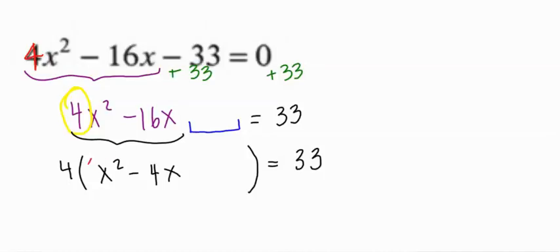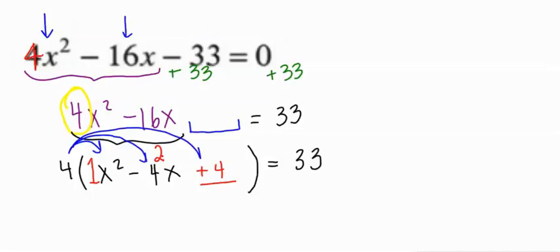Now that I have a leading coefficient of 1 in my quadratic, I can take half of 4. Half of 4 is 2. 2 squared is 4. What I did was I have 4x squared, which is right here, minus 16x, which is right here, and I added 16 to the left-hand side of the equation.